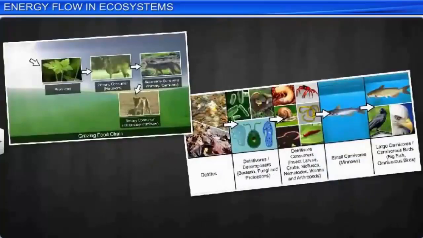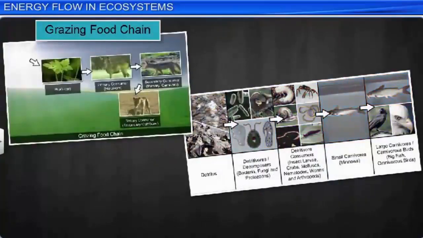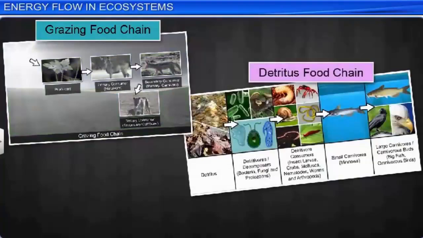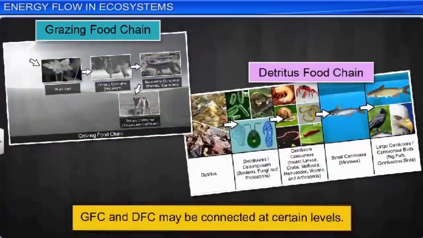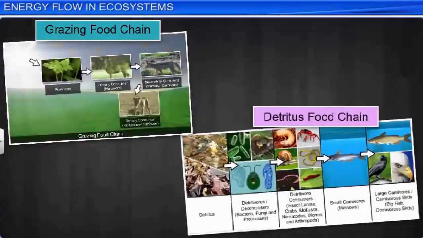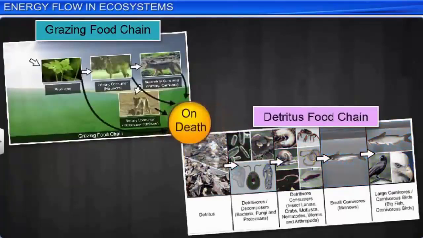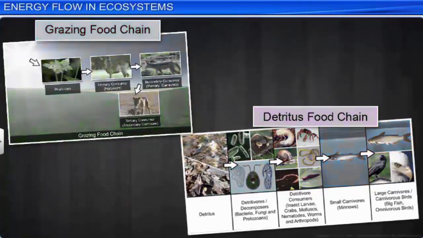An interesting fact about GFC and DFC is that they may be connected at certain levels. This happens when an organism belonging to the GFC dies and enters the DFC, or when omnivores such as crows prey on organisms from the DFC.